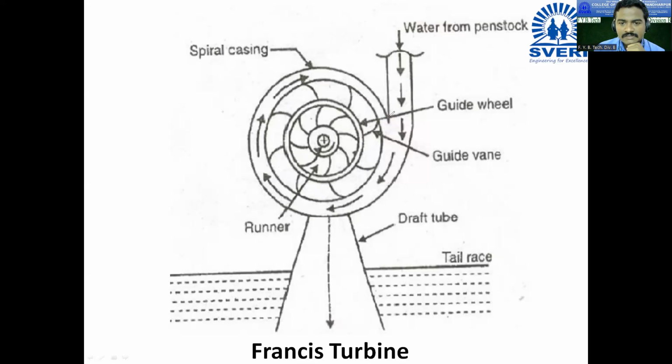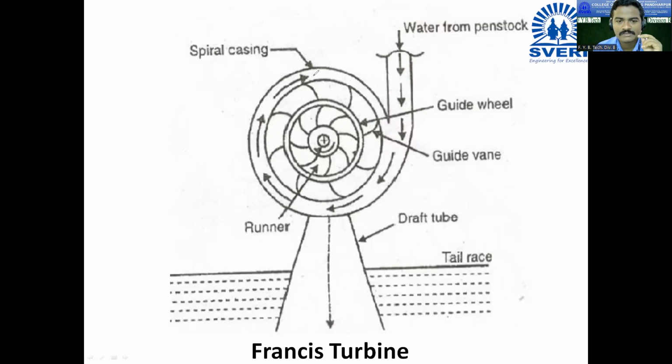After the circles, you have to draw the casing part. So how is the casing? The casing area is gradually increasing. Then there's a penstock through which water is entering.